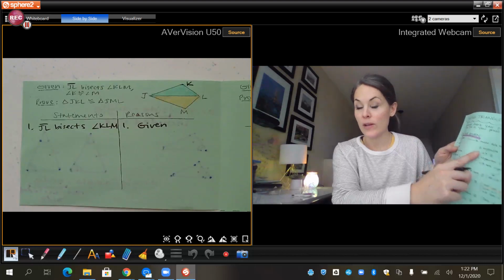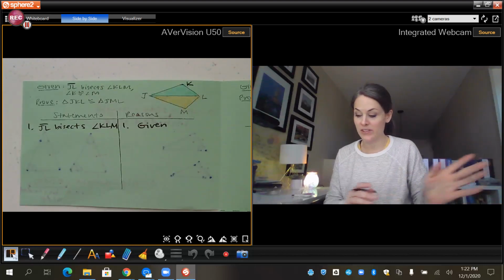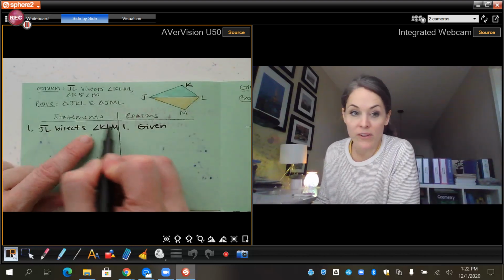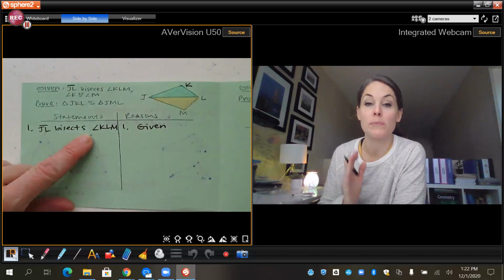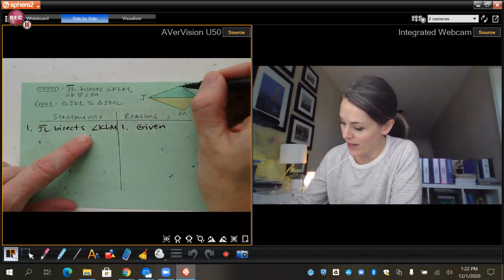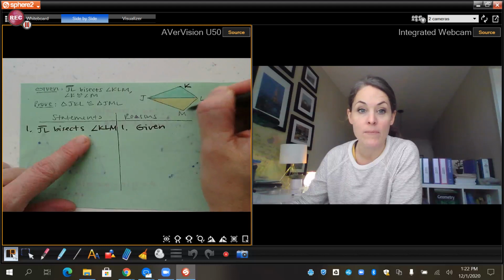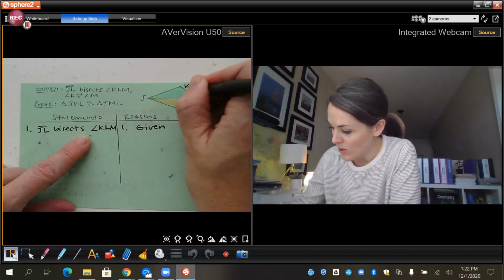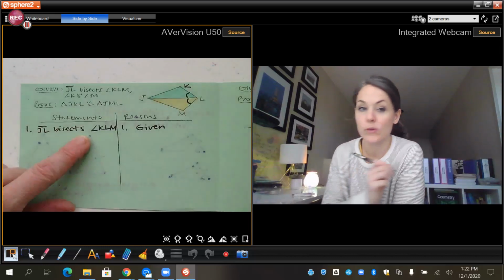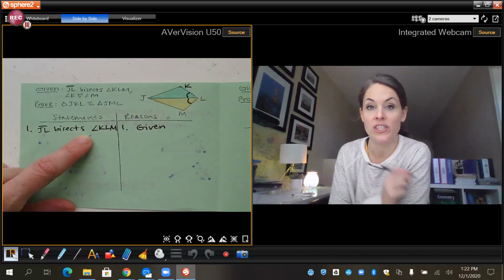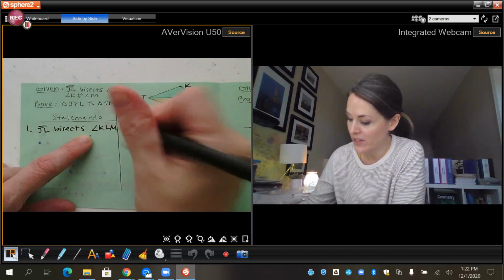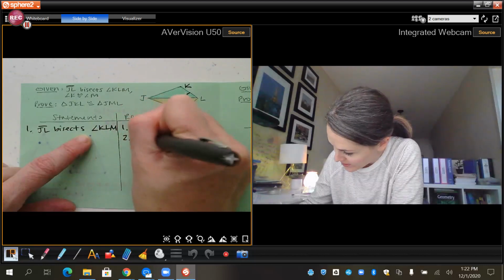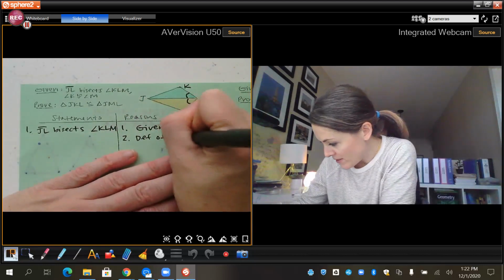You could state that two angles are congruent by definition of bisector. I just know that whatever comes after the word bisects is what's being cut in half. So if I look at angle KLM, that angle is being divided equally. So I could state that these two angles are congruent by definition of angle bisector. So here my reason is definition of bisector.